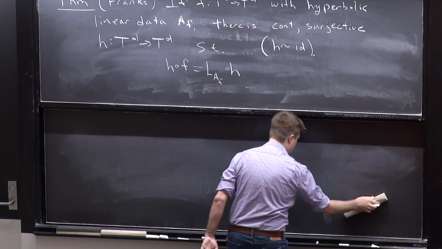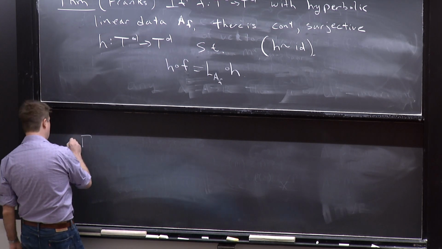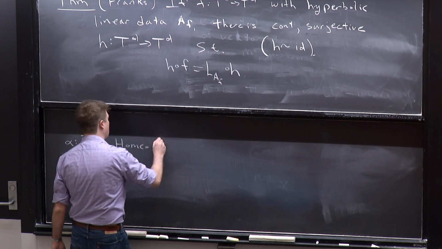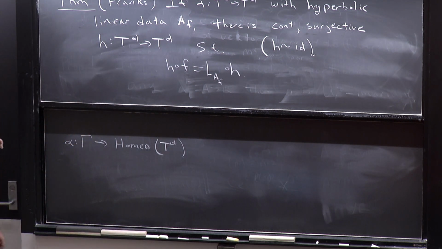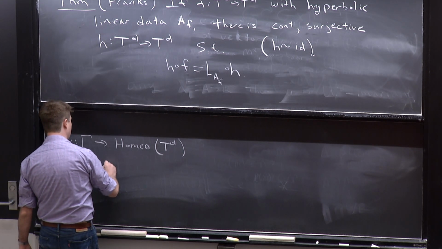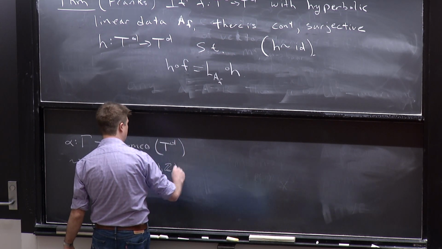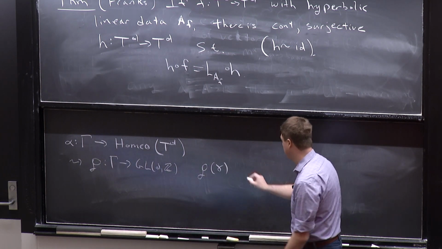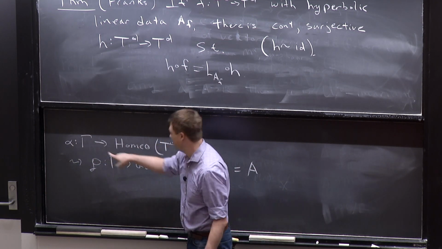OK, so let's play a similar game. Now let's take gamma, say a discrete group, and let's take an action of gamma, say by homeomorphisms of the torus. Well, you can check that this induces a representation of gamma by GL_d(Z) just by associating to every element gamma the matrix corresponding to the corresponding homeomorphism.